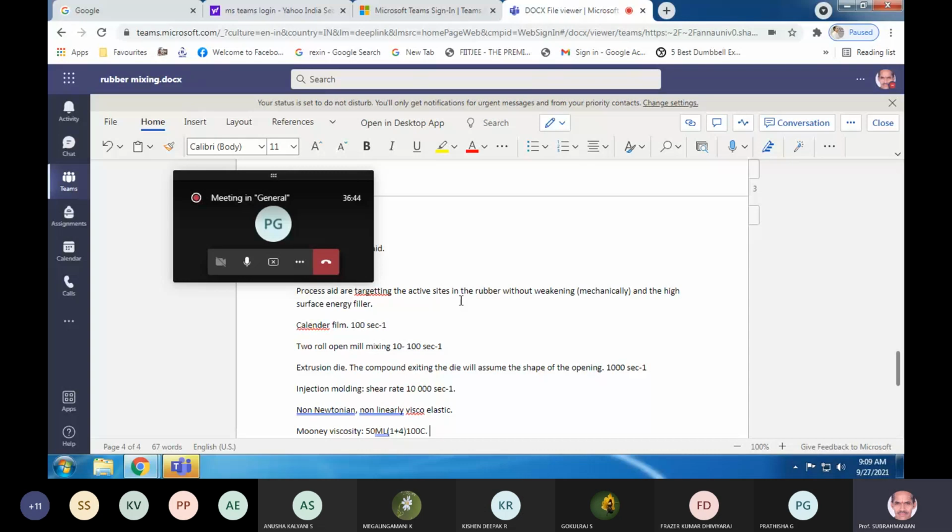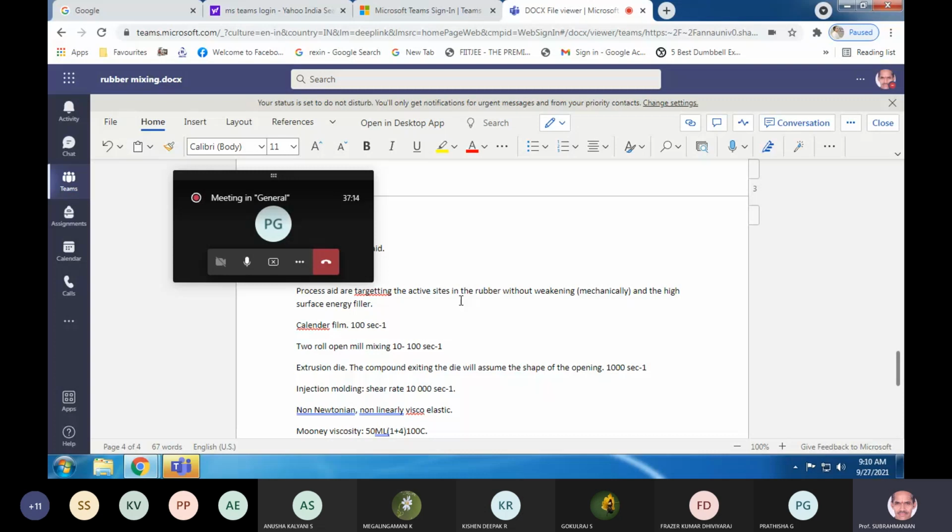So Mooney viscosity is in most cases 50. In special cases, it could be higher. And the higher viscosity implies the weight average molecular weight is high.